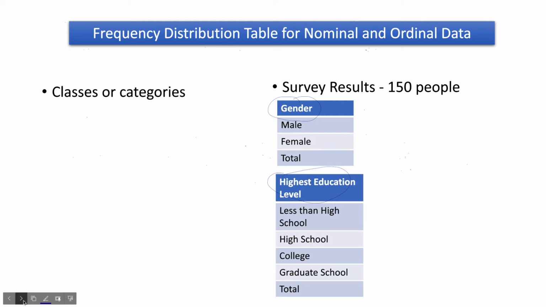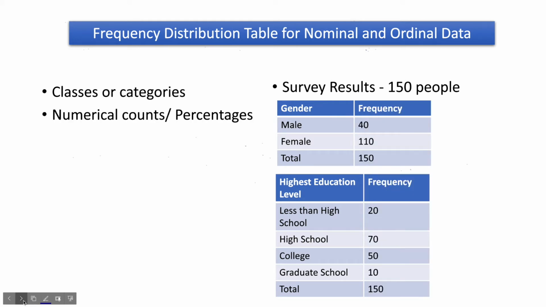So if we survey 150 people and we ask for their gender and highest education level, we then put the frequency on the right side, which is the number of people who responded in each category. So for example, we see that there were 40 people here who responded as they were male, and 110 people here who responded that they were female.